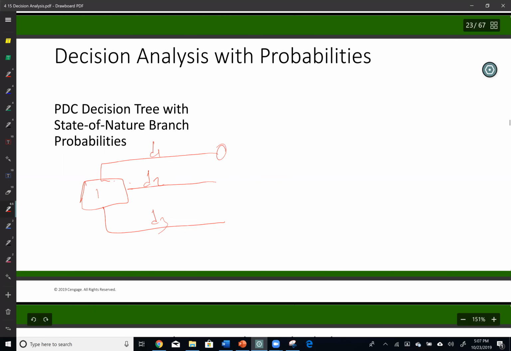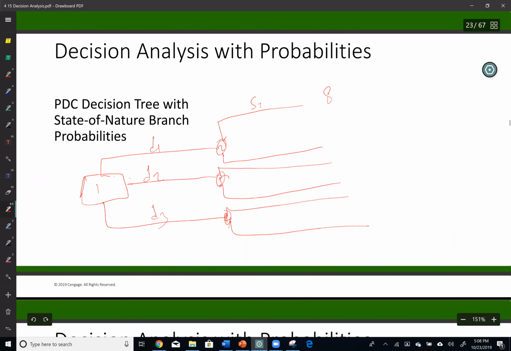And each of these had two possible state of natures or chance nodes. So node 2, node 3, node number 4. And if the demand is strong, I would end up with $8 million here.